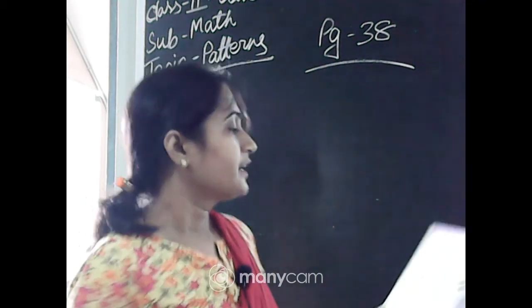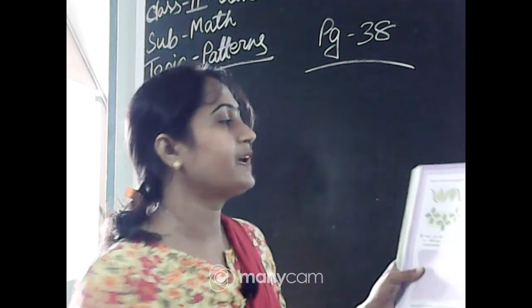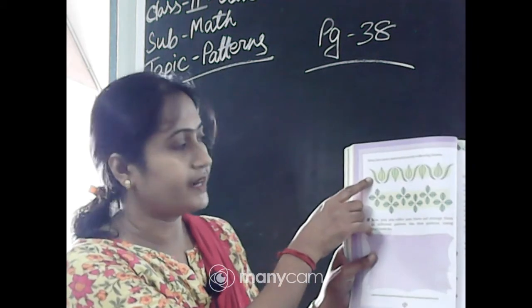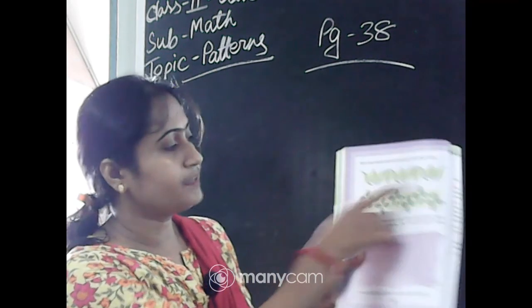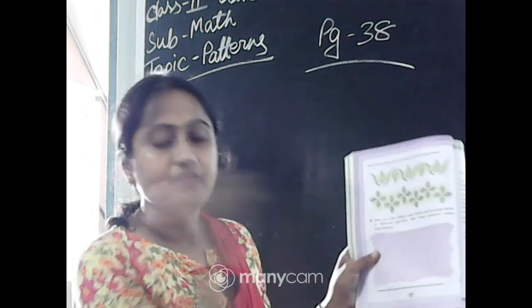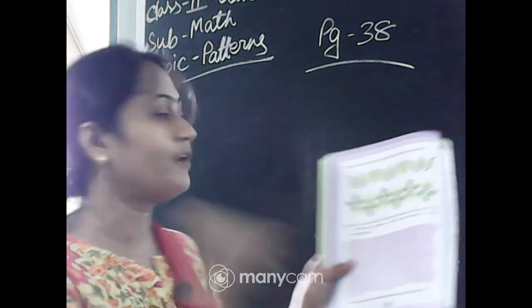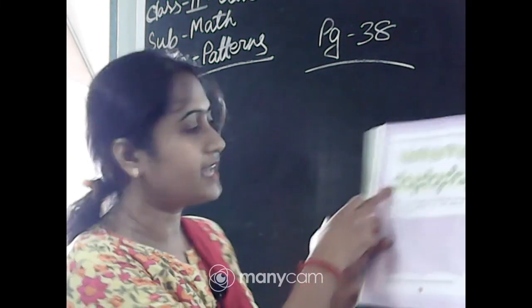Ketu has made some patterns by collecting leaves. These are the patterns. There are two types of leaves used to make this pattern. Here is one type of leaf used to make different patterns. It's like a flower.